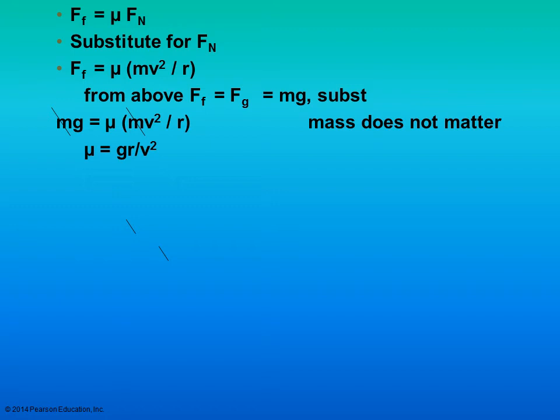Therefore, mu is equal to g times r divided by v squared. That was my algebra there: I brought g over with r, and since I wanted to get mu by itself, I exchanged places with those. So that's algebra.